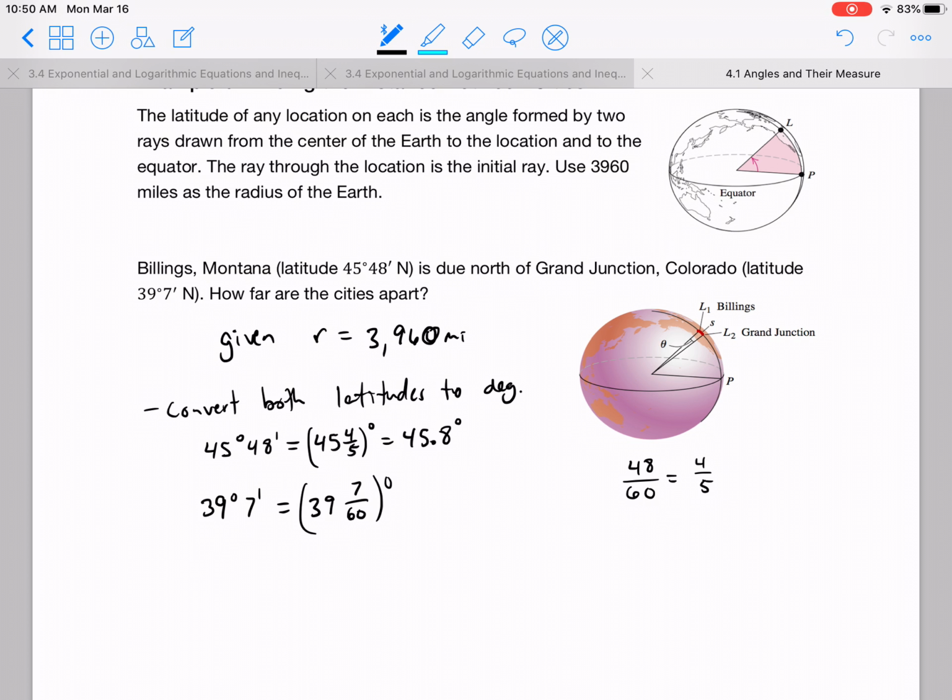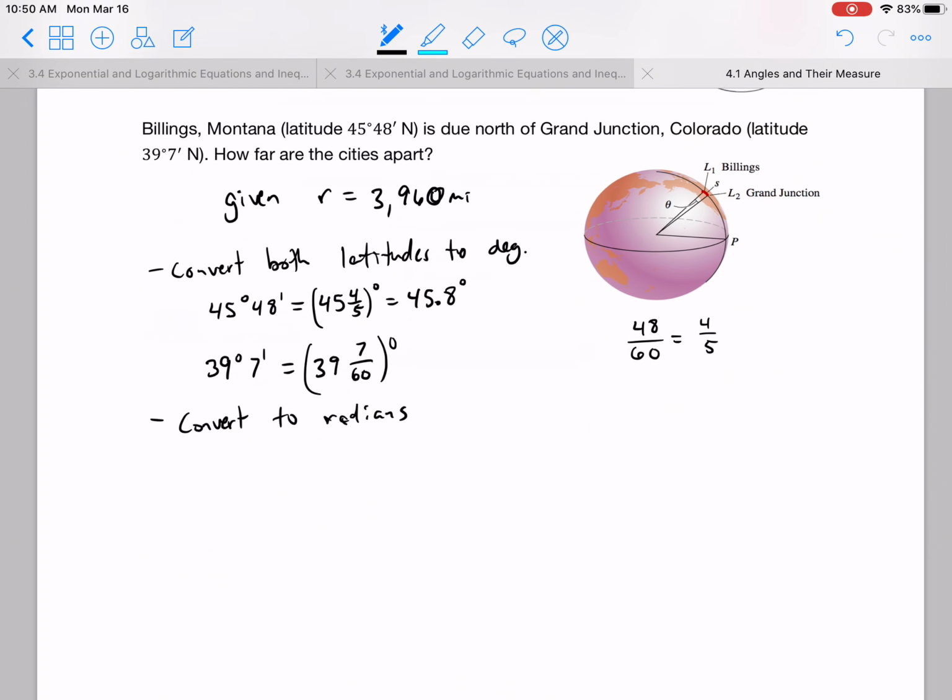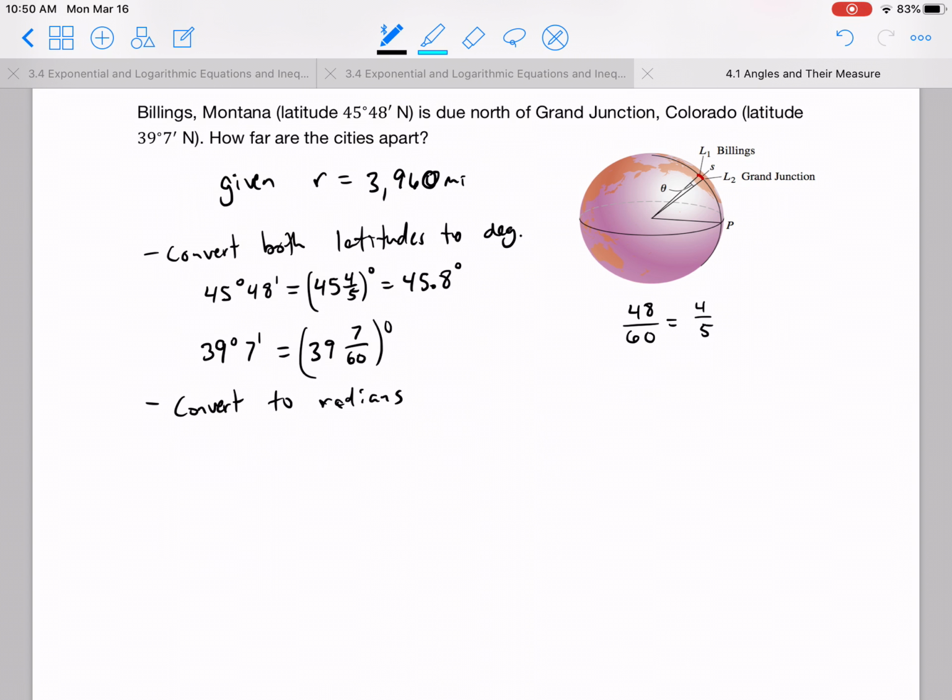Now we want to convert both angles to radians. So now convert to radians. Okay? And we'll do that the same way as before here. We'll do 45.8 degrees, and we're going to multiply by pi radians because we want radians and we want to get rid of degrees, so 180 degrees on the bottom.